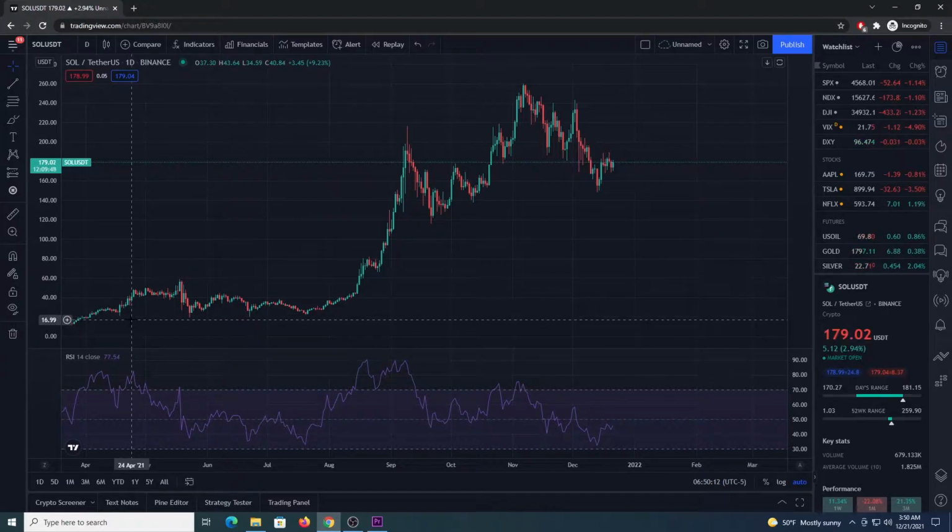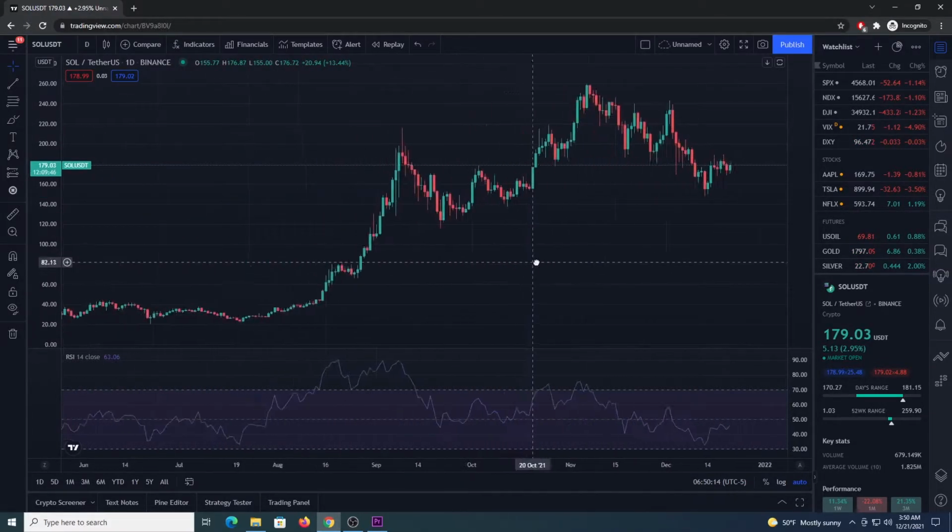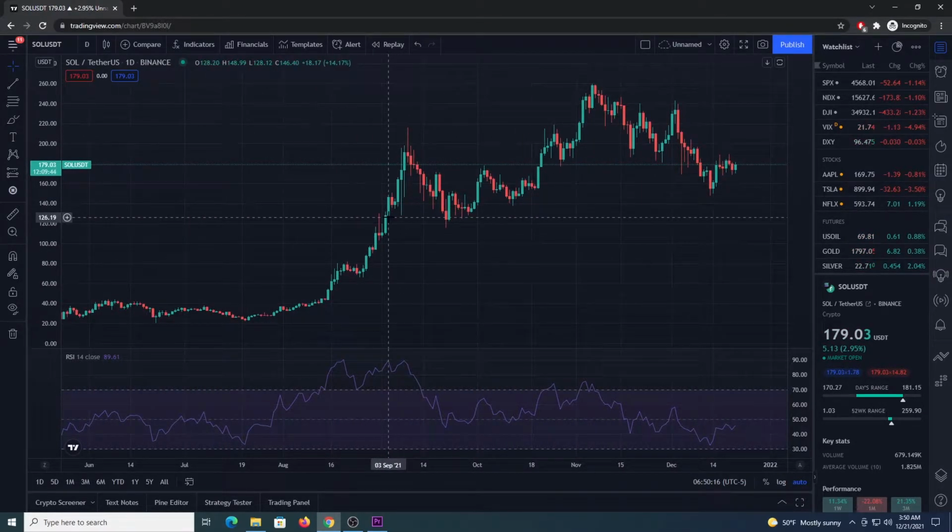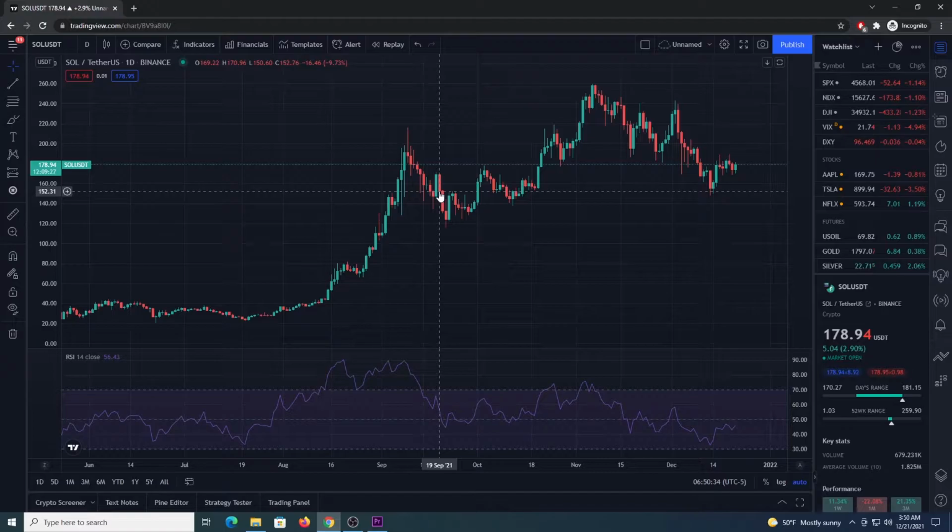On the contrary, on a red candle, the top of the body represents the opening price and the bottom represents the closing price. So if we look here, we can see a green candle, for example this one, where we open at around 127 and then we close at around 146. And then if we see a red candle, for example this one, we open at 168 and then the price went low to 152.